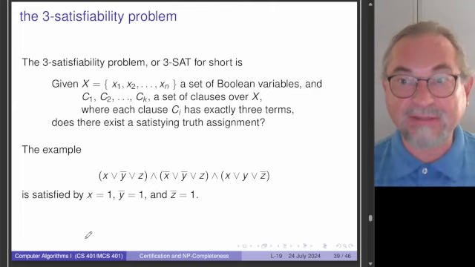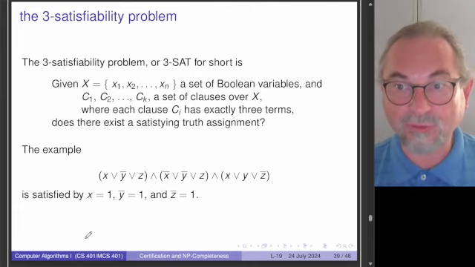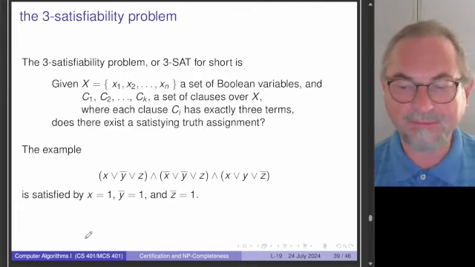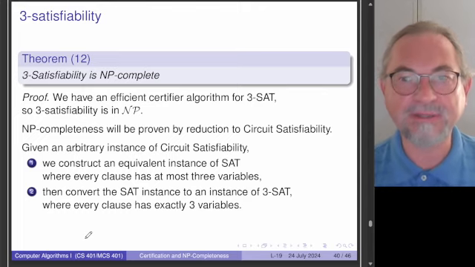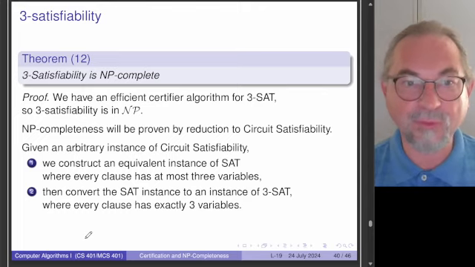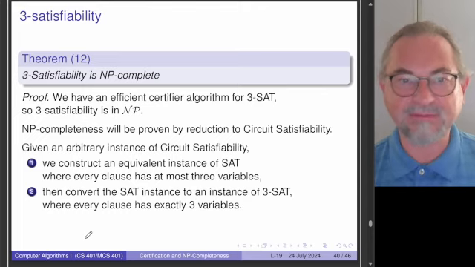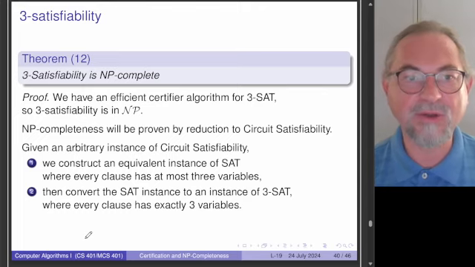So this is the satisfiability problem. We will show that this problem is also NP complete. How do we do this? This is another important theorem, but we will use the main theorem already, that circuit satisfiability is NP complete.